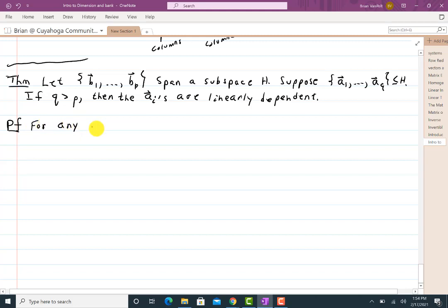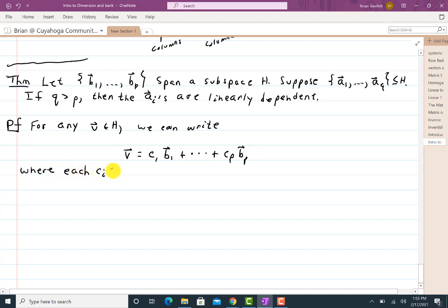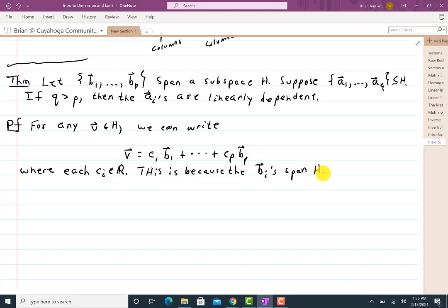For any v in H, we can write v equals c1 b1 plus dot dot dot plus cp bp, where each ci is in R. This is all because the bi's span the set H. But if I remember how we did matrix multiplication, let's let B be the matrix with columns b1 up to bp.